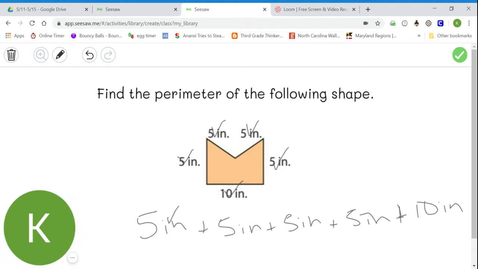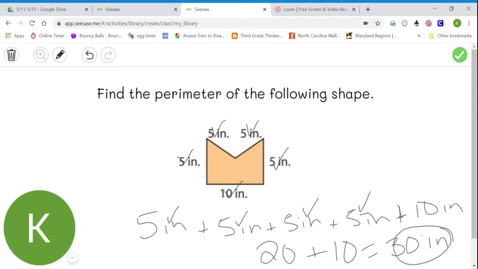So I know 5, 10, 15, 20. 4 5s is the same as 20 plus my 10 that's still left over. 20 plus 10 more is going to be 30 inches. The perimeter of my shape is 30 inches.